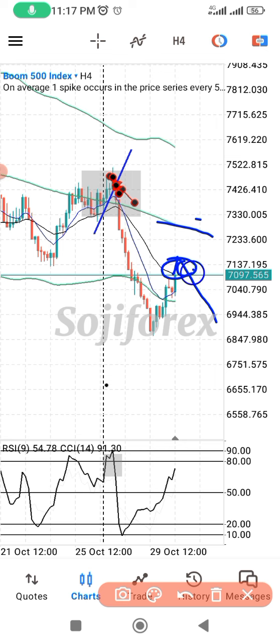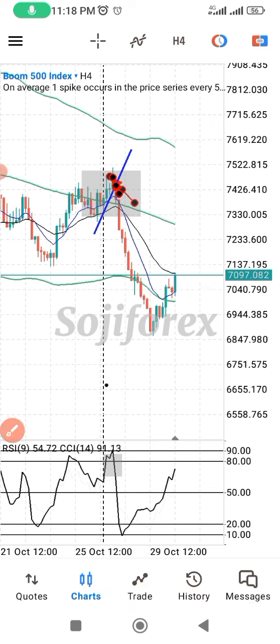But for us to know that this is the exhaustion point in this scenario, if price gets to the middle Bollinger Band here, then on our H1 price should be at the upper Bollinger Band. But if in this scenario it did not get to the middle Bollinger Band, maybe it pulled back to somewhere here and reversed, it means that on our H1 price should be at the middle Bollinger Band.